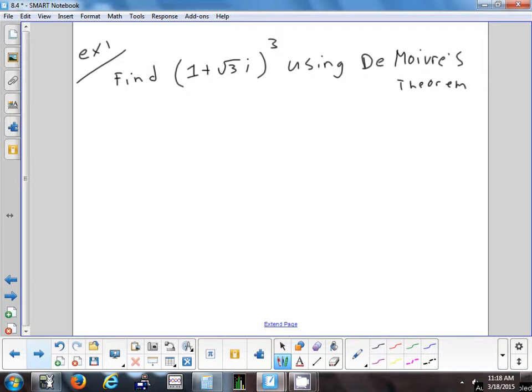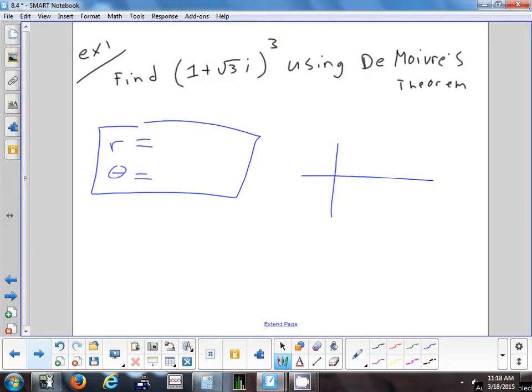Get it into trig form, or polar. What are the two letters we need to find in trig form? Yep, we need r and we need theta. So this part is what we learned yesterday. Let's go through it real quick.